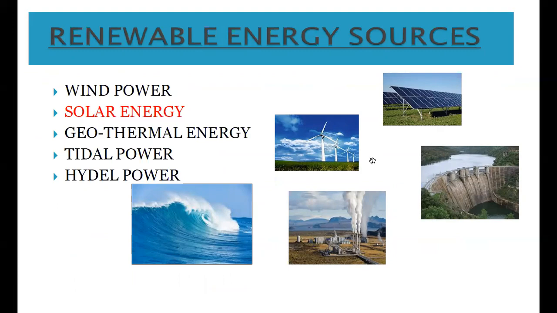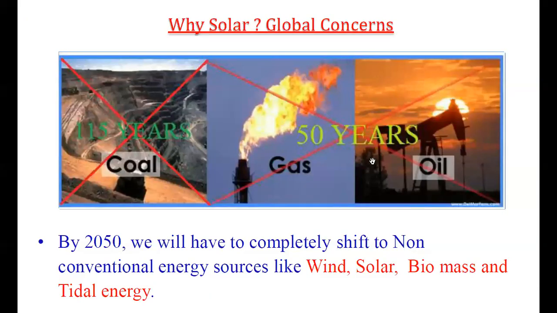Why should we go for solar energy? Consider the conventional energy sources such as coal, gas, oil, etc. These are available only in limited quantity. According to a new survey, coal will be available for only 115 years from the present situation.